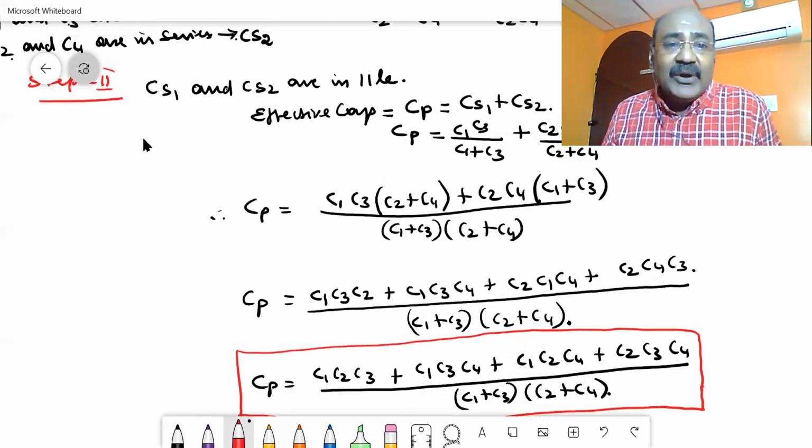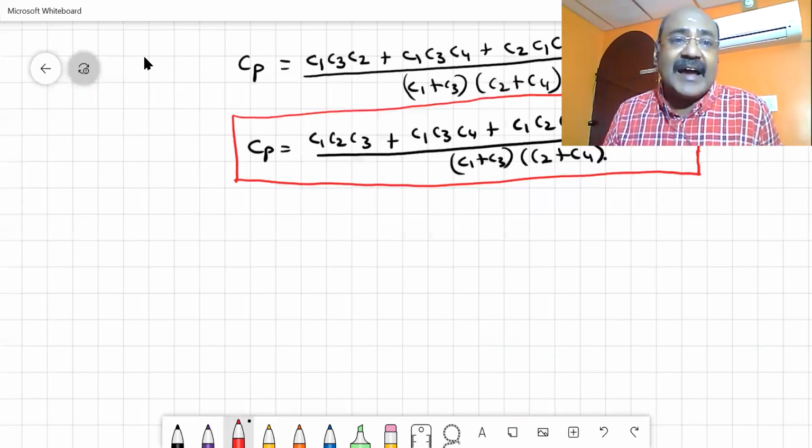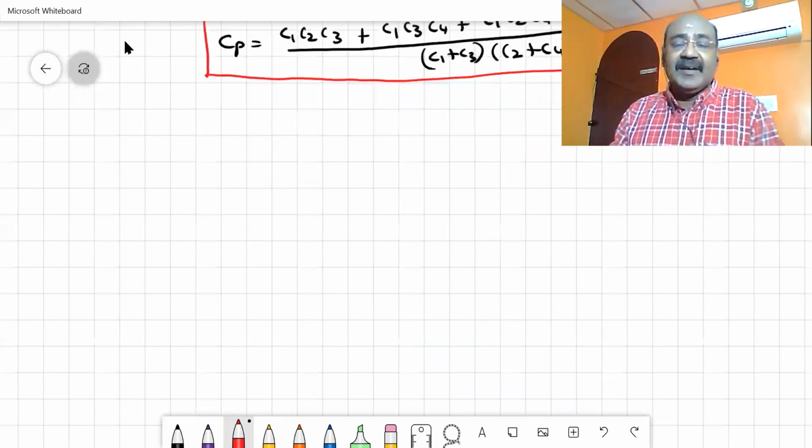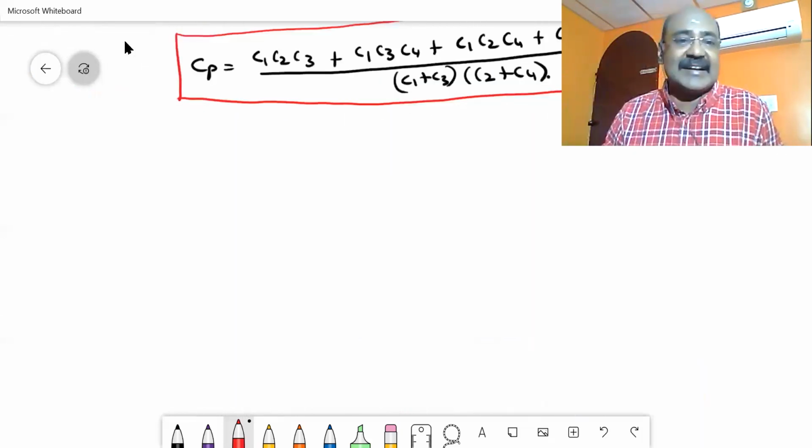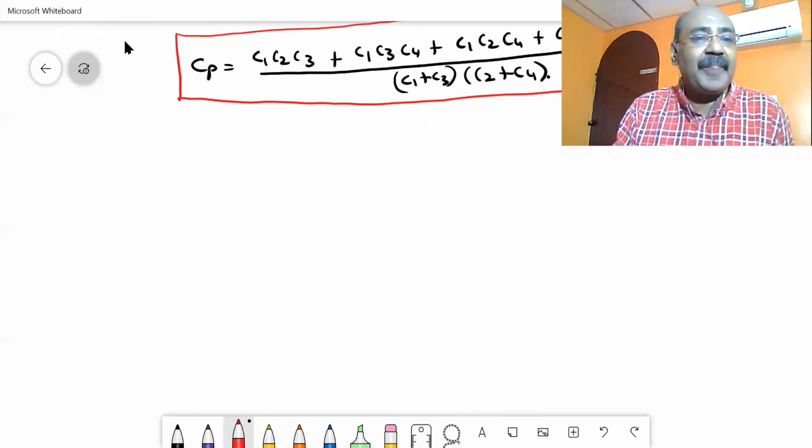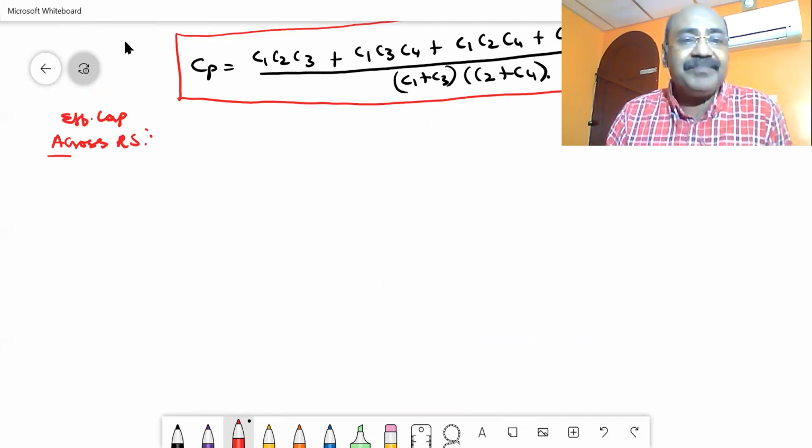We have to calculate the effective capacitance across R and S. So again, let us consider that diagram. So I am taking the diagram.